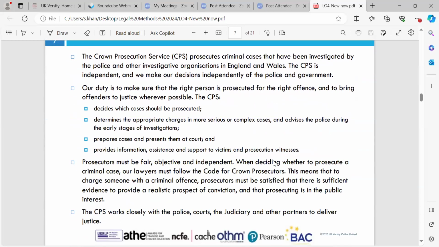The CPS decides which cases should be prosecuted, determines the appropriate charges in more serious or complex cases, and advises the police during the early stages of investigation. They prepare cases and present them at court, and provide information, assistance and support to victims and prosecution witnesses.